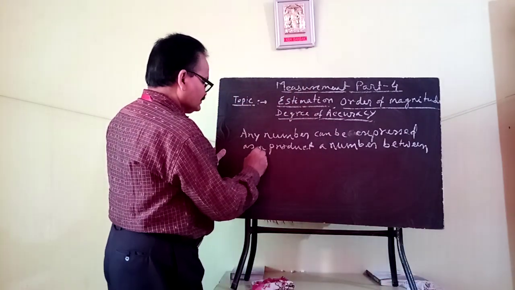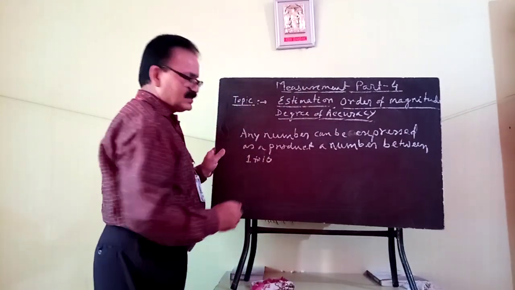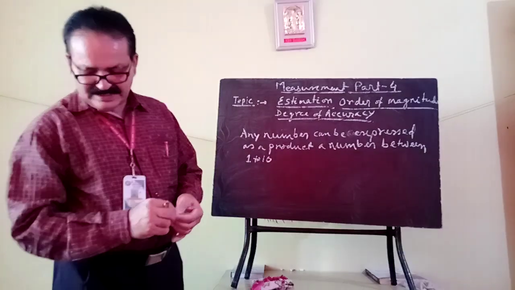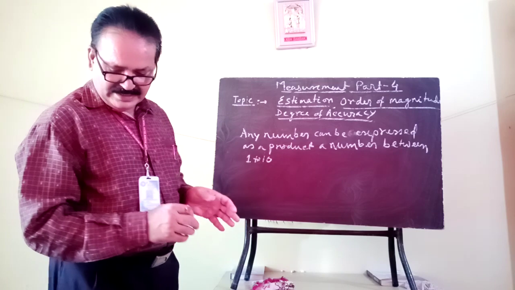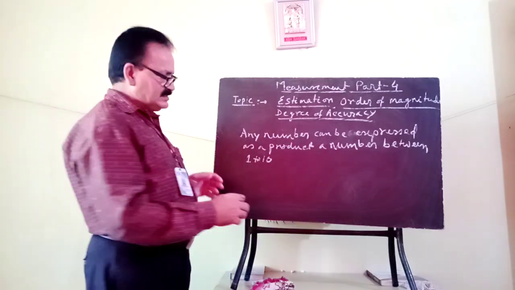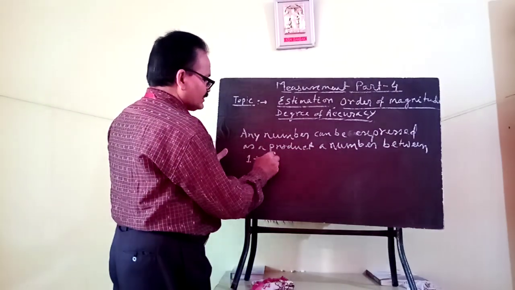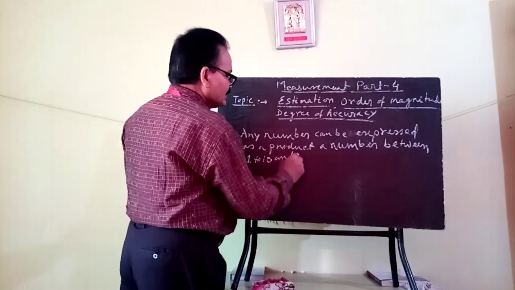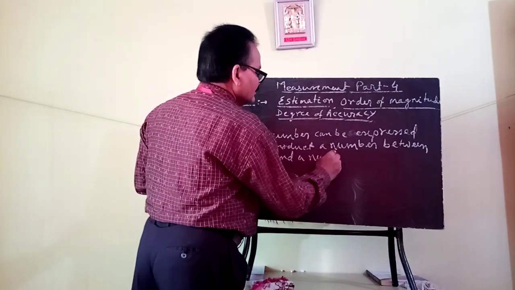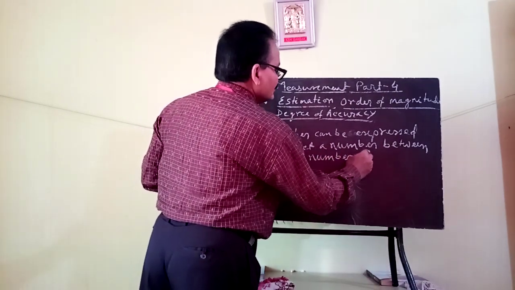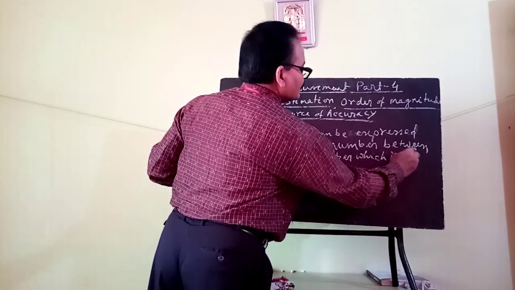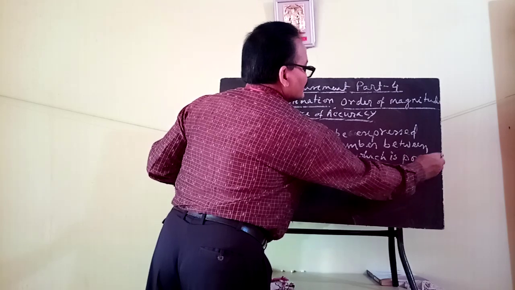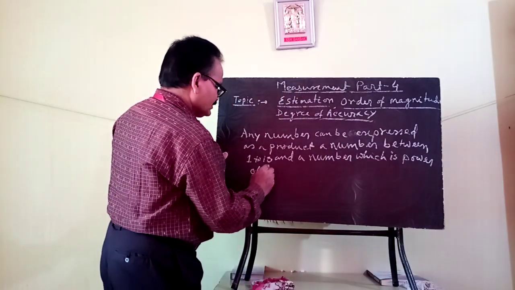Any number can be expressed as a product of a number between 1 and 10 and a number which is a power of 10.